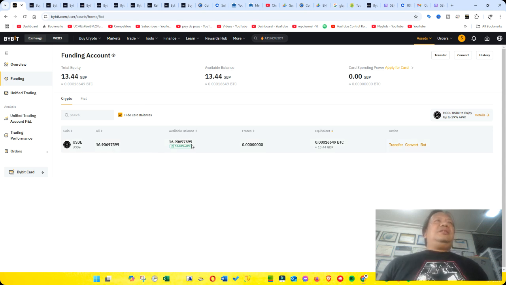It's still earning USD, but it has the GBP equivalent. Okay, and it's still dollar, but that translates into GBP. So if I'm trading with GBP, I don't have a problem with that.